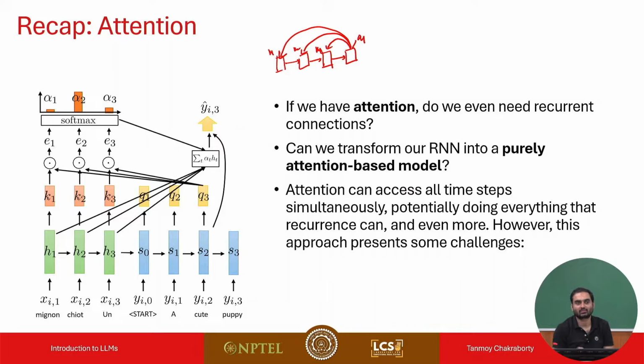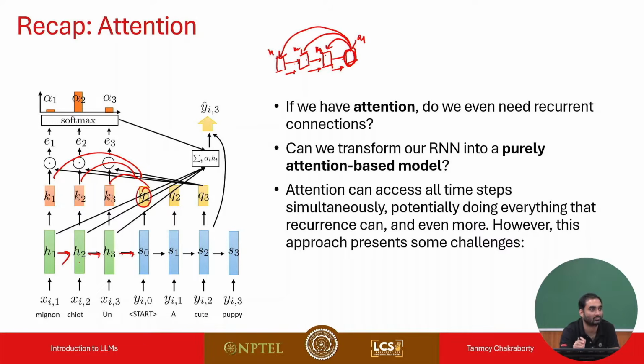Okay, so the question here we are asking is as follows. If through the attention mechanism a decoder state can access all the encoder states, right? Through the attention mechanism, every decoder state can access all the encoder states. Why do we need these recurrent dependencies? Why do we need these dependencies between H1 to H2? So if this guy can access all the previous guys, why do we need these connections?